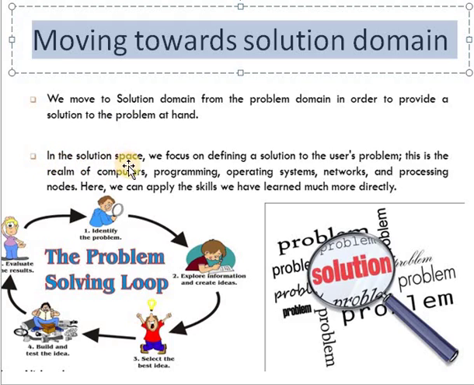So in the solution space, we focus on defining a solution to the user's problem. So basically, in the solution domain, we will focus on defining a better solution for the user's problem.